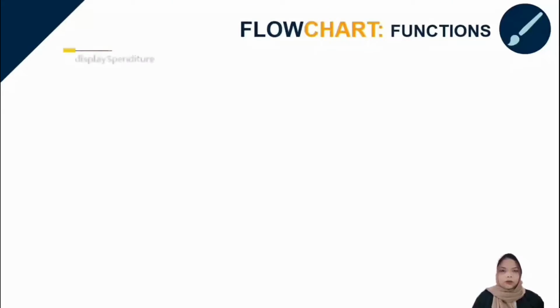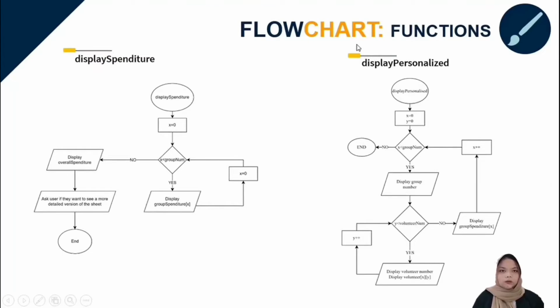And so the next one is also functions, the flowchart for display expenditure and display personalized. For display expenditure, we can see that the value of x inserted or input by the user must be greater than 0, so then it will go through the yes or no path.